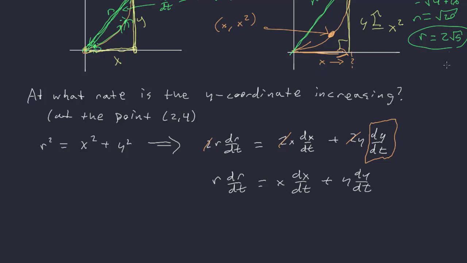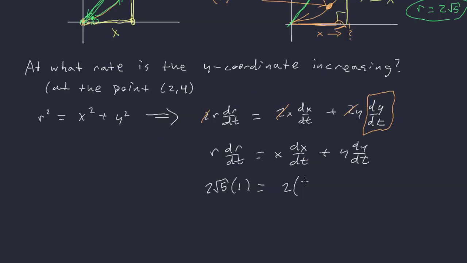R we found before is 2 root 5. dr/dt is 1. X we know is 2. dx/dt we found in the previous step, which is square root 5 over 9. Y we know is 4 since we're at the point (2, 4). And then dy/dt is what we're trying to solve for.